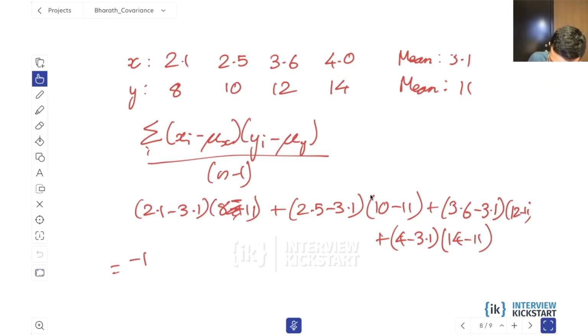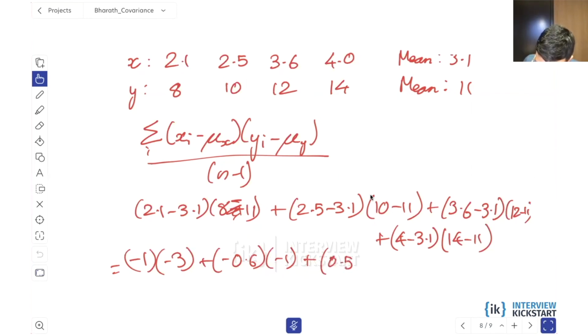So that would be minus 1 into minus 3 plus minus 0.6 into minus 1 plus 0.5 into 1 plus 0.9 into 3. Of course, this whole quantity is divided by n minus 1, which in this case is 3.